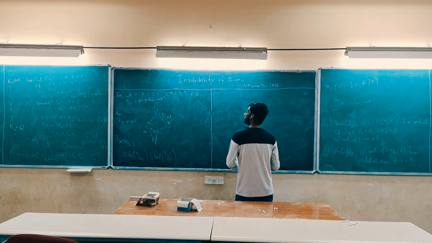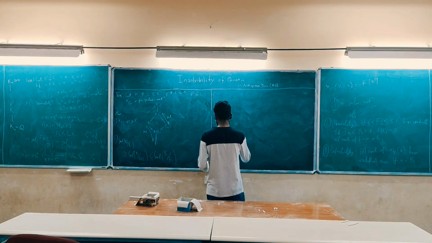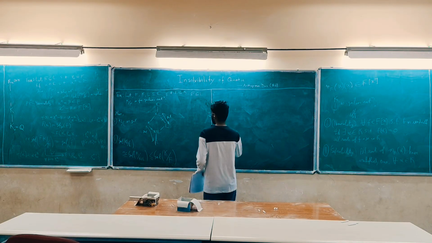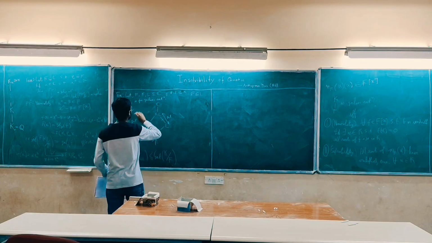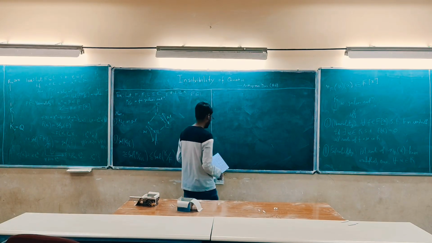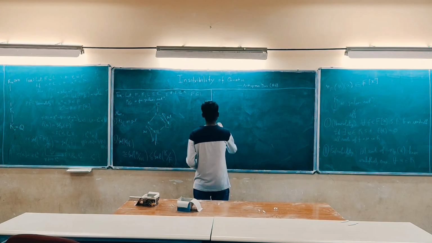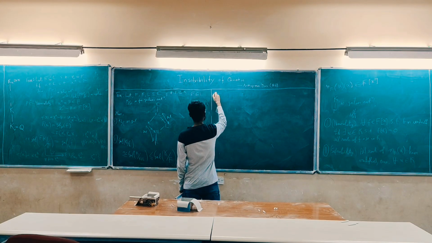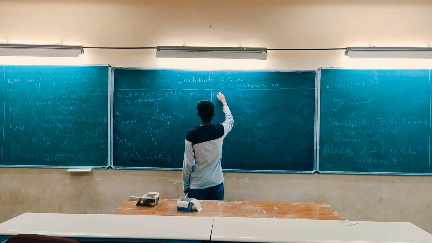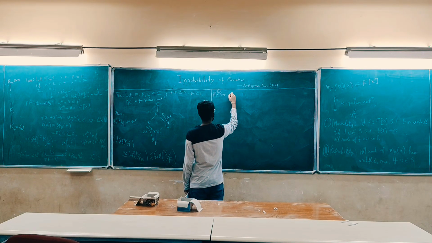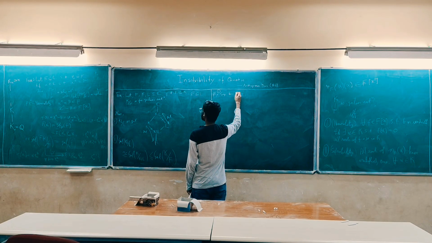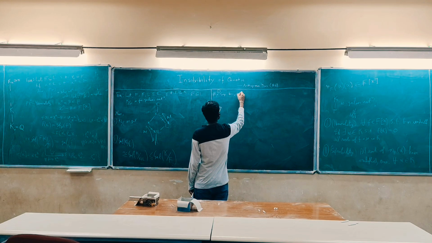Okay. So to prove this, I will first use the fact that K over F is a finite Galois extension. As K over F is a finite Galois extension, so this is a proof. Proving one, say the dimension of K over F is n.